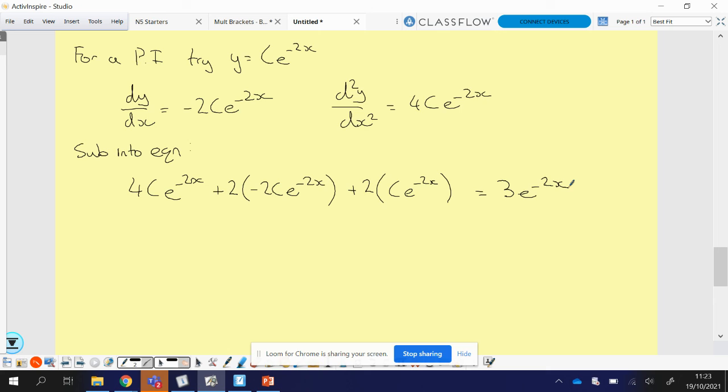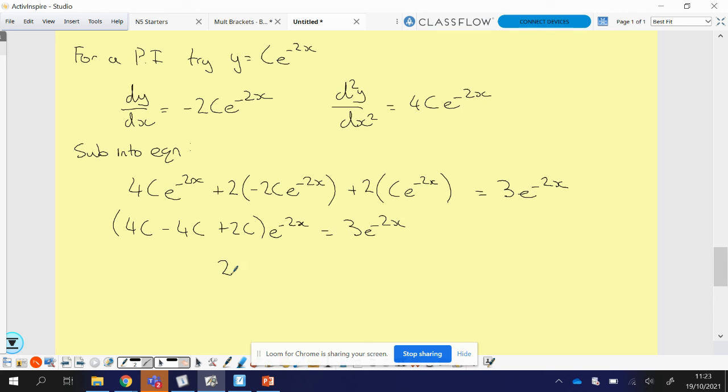The good thing is all our exponentials are e to the negative 2x, so I just need to work out what goes in front of each of them. I'm going to have 4c, then 2 times negative 2 is negative 4c, plus 2c, all in front of e to the negative 2x, which equals 3e to the negative 2x. So we end up with just 2c, because the 4c and negative 4c cancel.